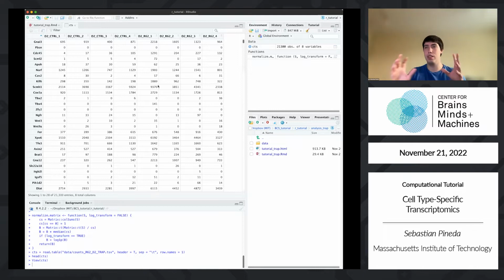So it's a table, some CSV file or some TSV file, where you have a column corresponding to each sample and a row corresponding to each gene, and each entry is the number of times that gene was encountered. Now, depending on how you generated your library, these could be unique counts, or they could be reads or fragments per kilobase million, which means that you sequence the whole transcript.